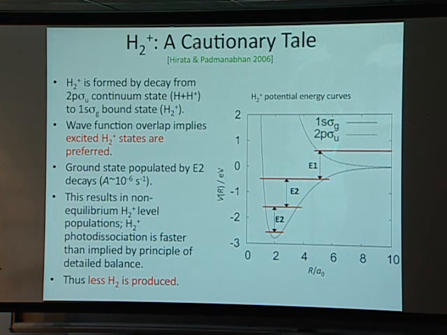The CMB can relatively easily dissociate those states through dipole-allowed transitions. The decays down to the ground state are forbidden. They occur only by electric quadrupole transitions, which are much, much slower because the wavelength is much longer than the size of the molecule. And so the consequence is that the formation of H2+ in its more stable ground state is suppressed.